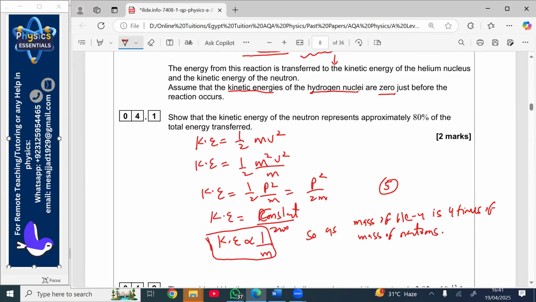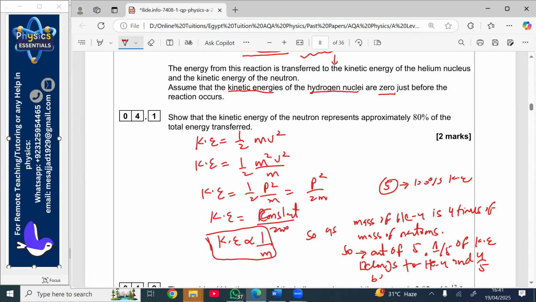Okay, so 5 are having 100% of the kinetic energy, and since mass is inversely proportional to kinetic energy, so we will say, out of 5, 1/5 of KE belongs to helium, and 4/5 belongs to neutron.